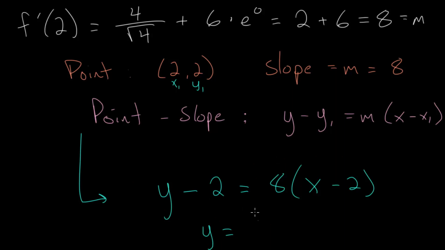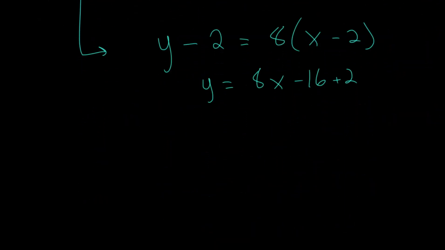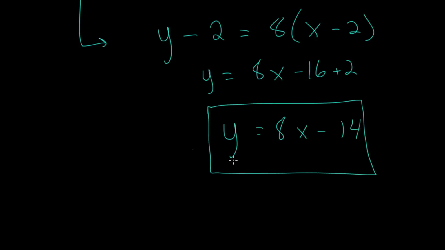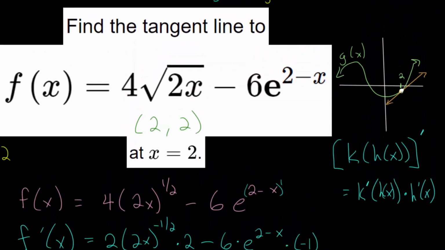We can add 2 to the other side, distribute the 8. We get 8x minus 16 plus 2. And to finish everything, we get minus 16 plus 2, which is minus 14. So this right here will be the equation of our tangent line to this function at the point x is equal to 2.